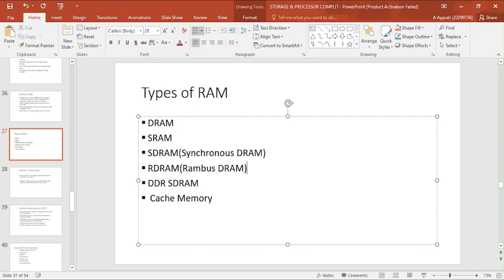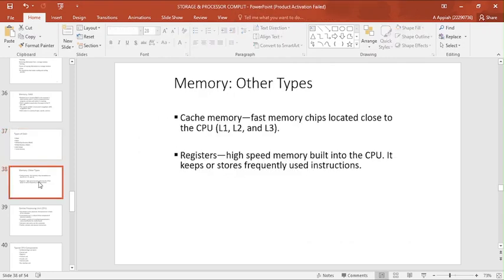Then the next one is the cache memory, which allows data that are frequently being used to be stored in there. So data or instructions that are frequently being used are stored in the cache memory. Now the cache memory can also be categorized into the L1 cache, L2 cache, and then the L3 cache.